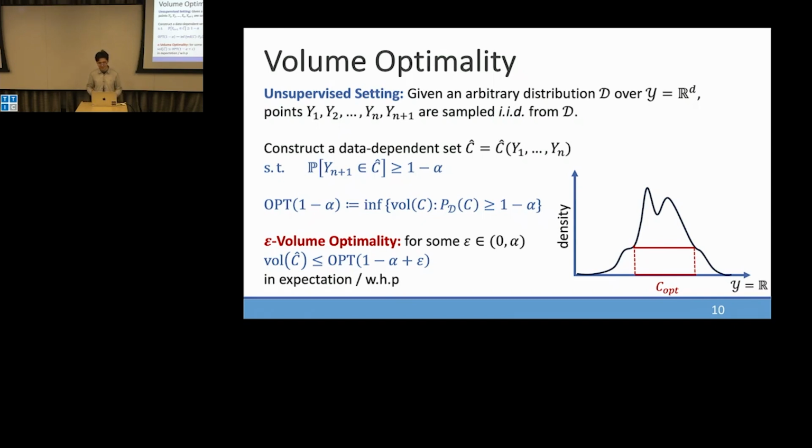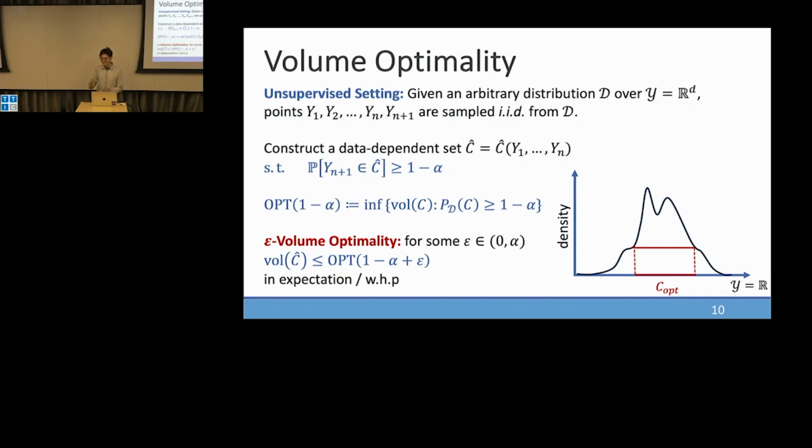So we can easily define the opt value. Now remember, the volume of our prediction set C hat is maybe random, depending on y1 to yn. So we want our volume to be at most opt of 1 minus alpha plus some slackness epsilon in the coverage, in expectation or with high probability.